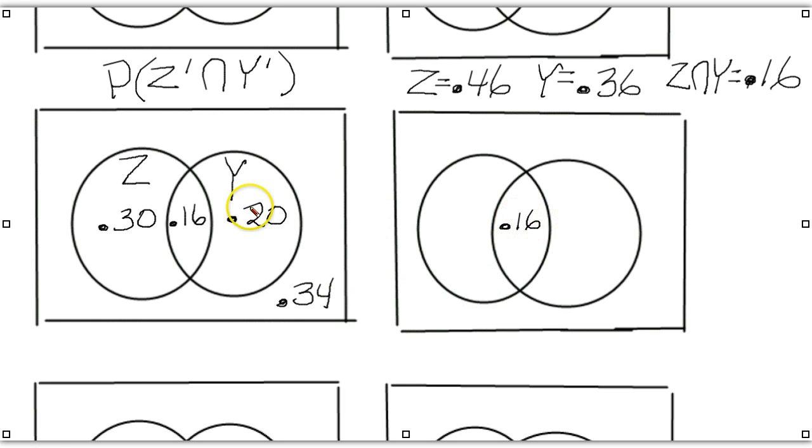So in letter B, again, we said we could use this. Whatever's here, we subtract from 1.00, and for 2B, we get 0.84.